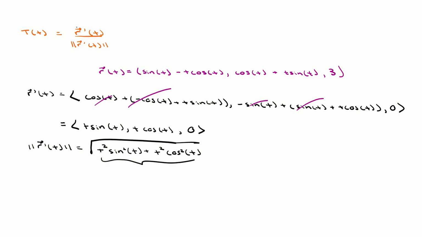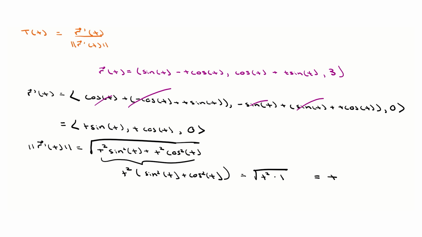We can do some factoring here, right? We can factor out t squared, which leaves us with t squared times sine squared of t plus cosine squared of t, which our trig identities tell us equals 1. So in this square root, we have the square root of t squared times 1. And of course, this just equals t.